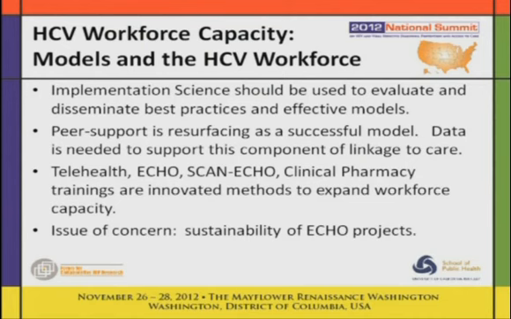Peer support was also found to be resurfacing as a successful model, and I'm dating myself when I revisit the fact that we did this many years ago, but now we're finding that we have no data to support its effectiveness. So we need to go back and do that. Telehealth, ECHO, SCAN-ECHO, and clinical pharmacy trainings are innovative methods to expand workforce capacity, and we've also heard a little bit about that earlier this morning as well. One of the major issues of concern that came up in the sessions was the sustainability of the ECHO projects.